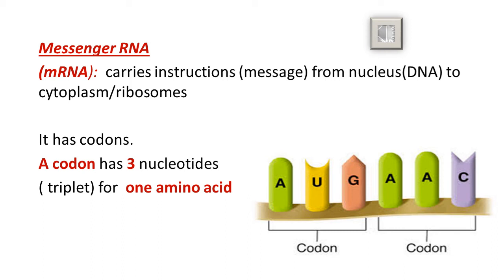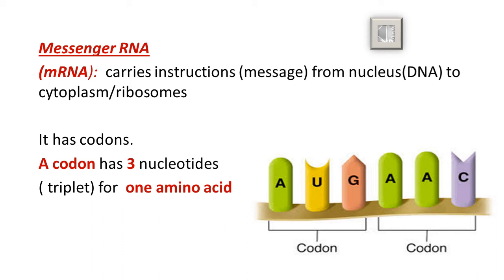How can we read messenger RNA? It is a message. How can we read it? Here we have nucleotides, three nucleotides, for example A, U, G. They form a codon.